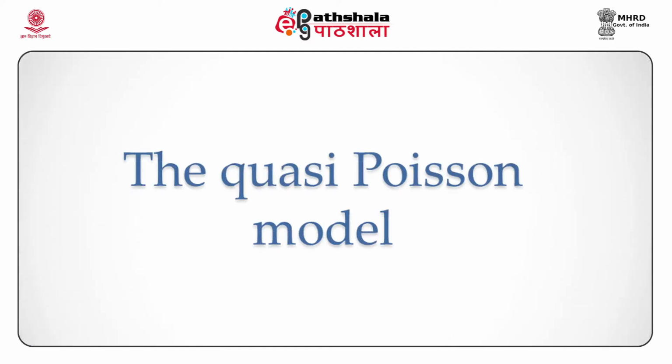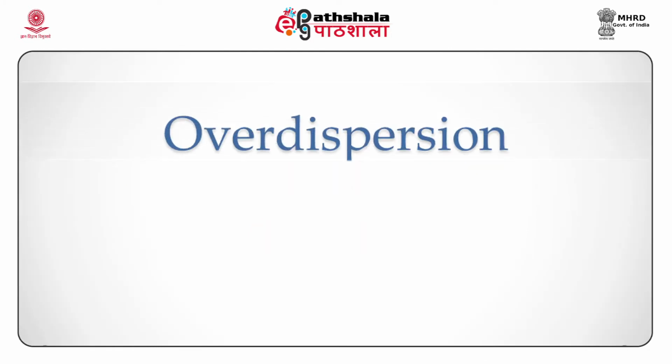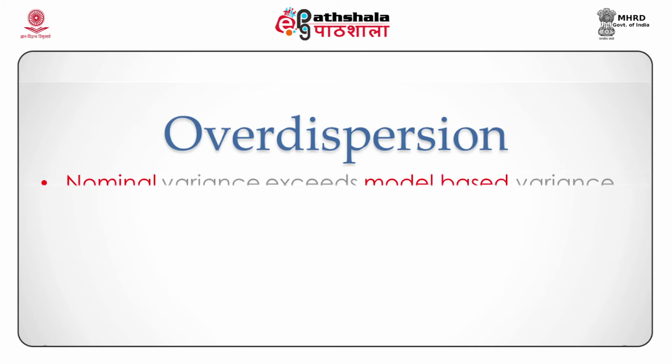The quasi-Poisson model. First, let us define the phenomenon of overdispersion. Overdispersion is specified by the situation where the nominal variance exceeds the model-based variance. So here we have two concepts of variance for an outcome variable, the nominal variance and the model-based variance.